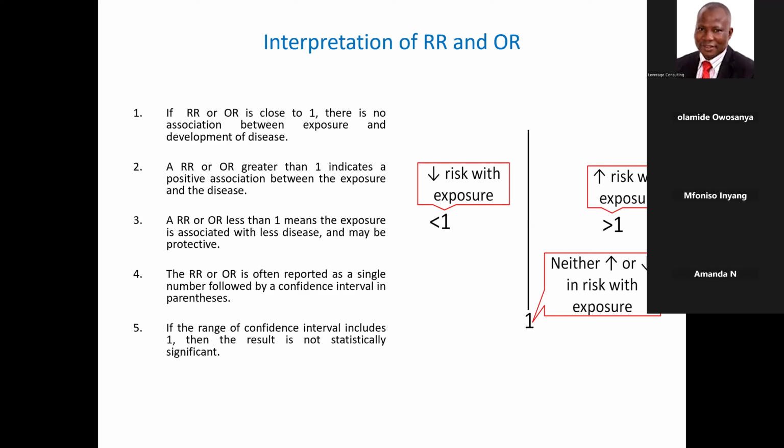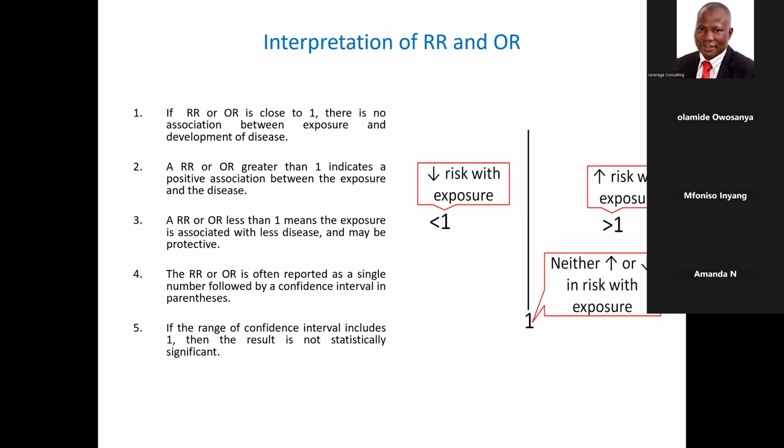If I say that in the population this is the range of values, maybe starting from 0.7 something and going up to 3 point something, then to go from below 1 to above 1, it must cross 1. So 1 is one of the values in the range, which means there's no association.